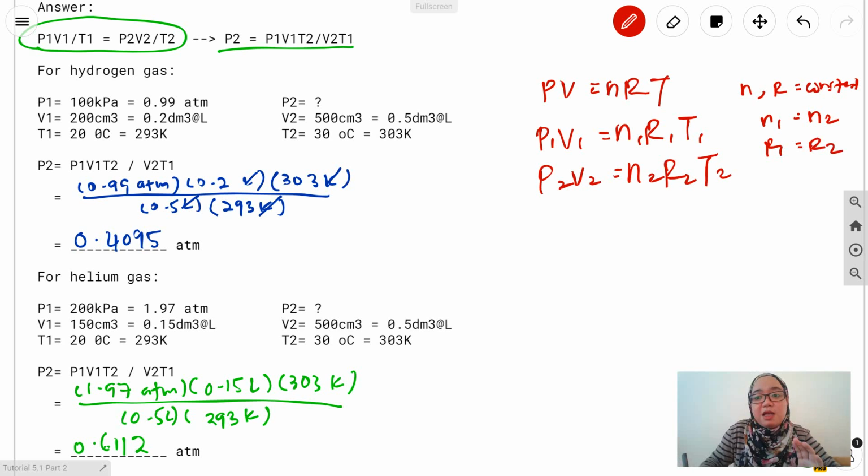But it's just the same as this actually, because if you cancel these out, you still get P1 V1 over T1 divided by P2 V2 over T2. But if you want to use this, you can. Maybe there is a difference in some of the answers.